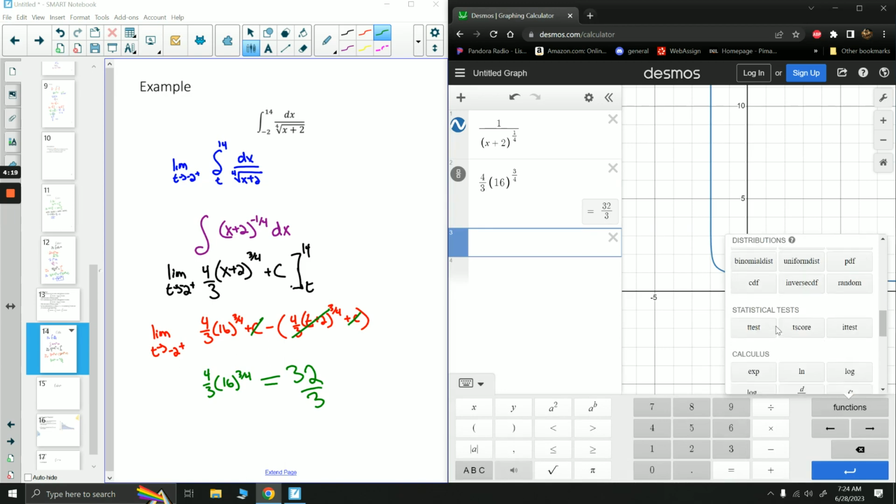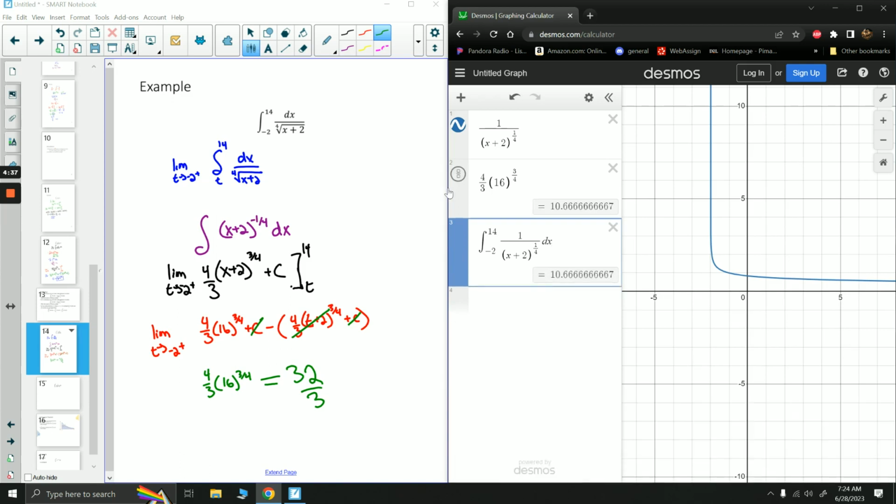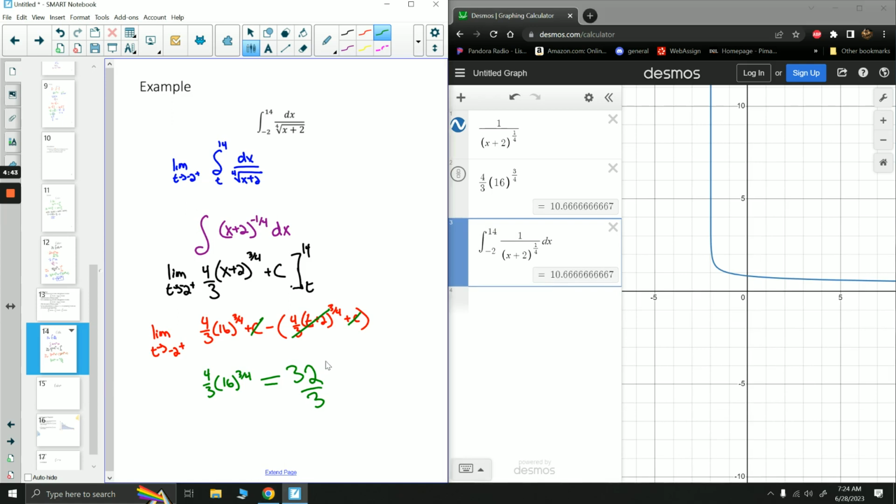The integral from negative 2 to 14 of 1 over (x plus 2) to the 1/4 dx. All right. So if you look, those two agree with each other. Okay, cool. So that checks out.